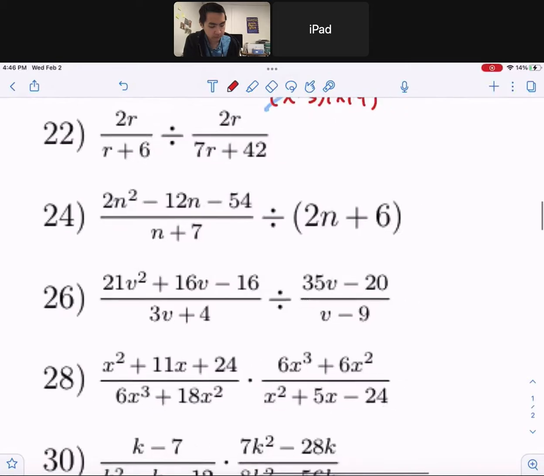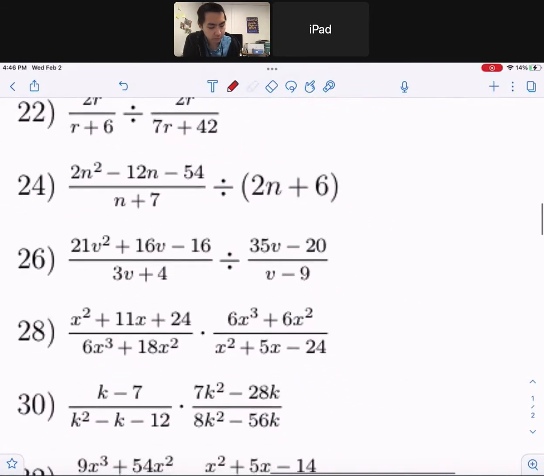24. So for 24, we can factor a good amount. Because it's multiplication or division, you simply make the division multiplication and then factor everything. On the top, you can factor out a 2 to get n squared minus 6n minus 27. And right here, you can factor out a 2 from both 2 and 6 to get n plus 3.